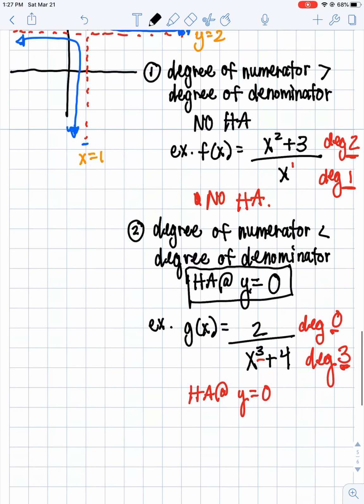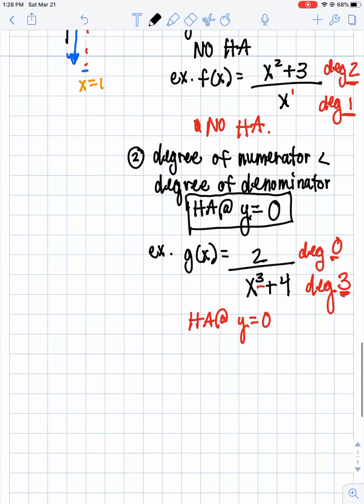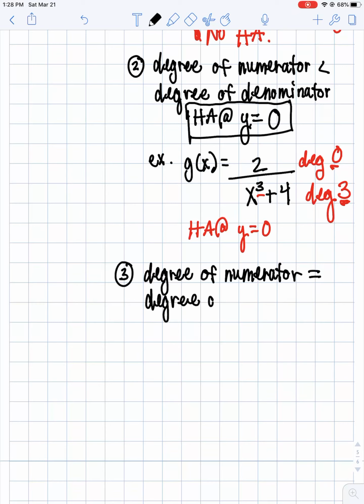Okay. And last scenario, so you guessed it. I talked about the numerator being bigger than the denominator, and then the numerator's degree being smaller than the denominator's. And so the last scenario is when the degree of the numerator is equal to the degree of the denominator.